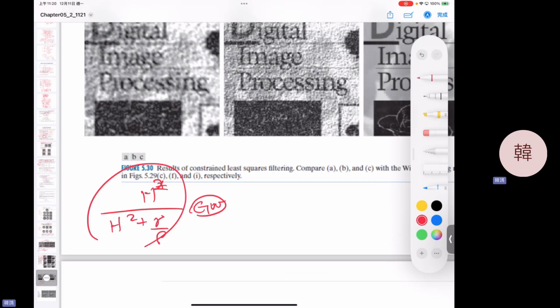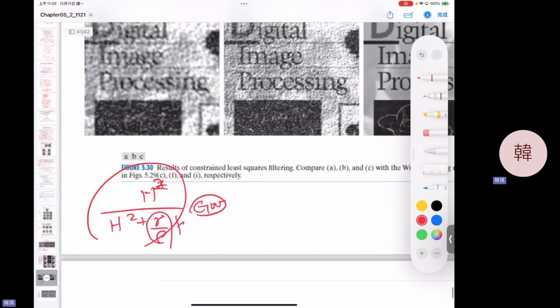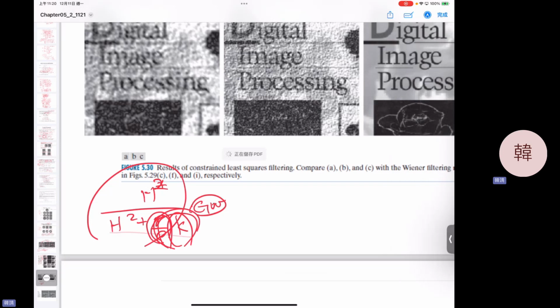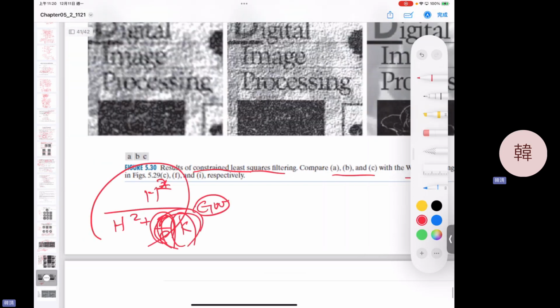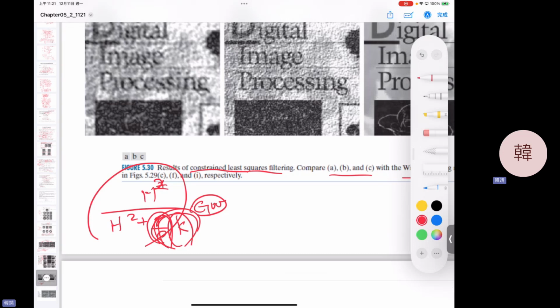So it's a Wiener filter, and we always try to use a very simple approach. Here we just put a constant K in the Wiener filter. So K you can adjust, 0.001, 0.005, a different constant here to solve your degraded image. Okay, with some additive noise, and this is the result. The result of the constrained least squares Wiener filter. Compare A, B, C with the Wiener filtering result, respectively.